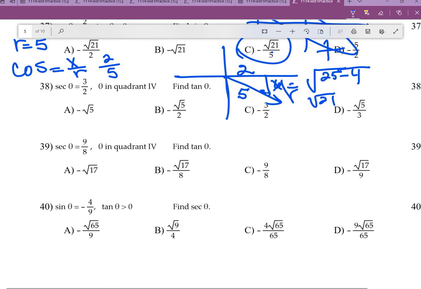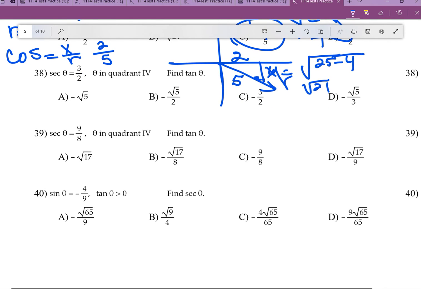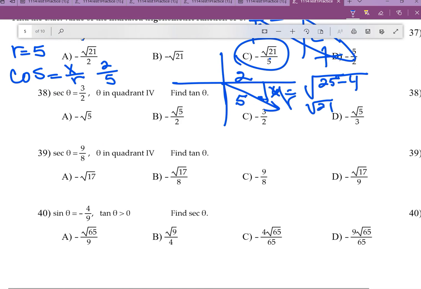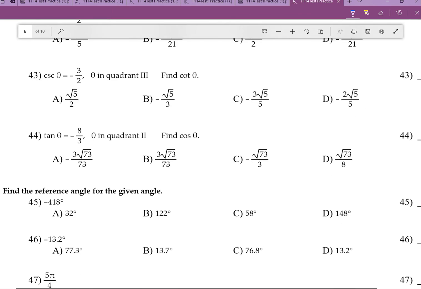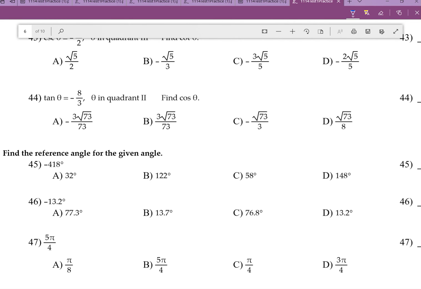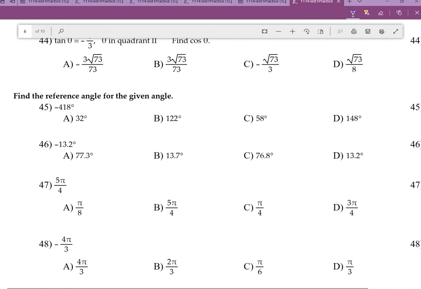Alright, and you follow the same logic here. This is redundant. If you would like, I could do a couple more, or you can come see me during office hours, but this is a lot of the same stuff. And they're even giving you the quadrant, so you just have to find it.